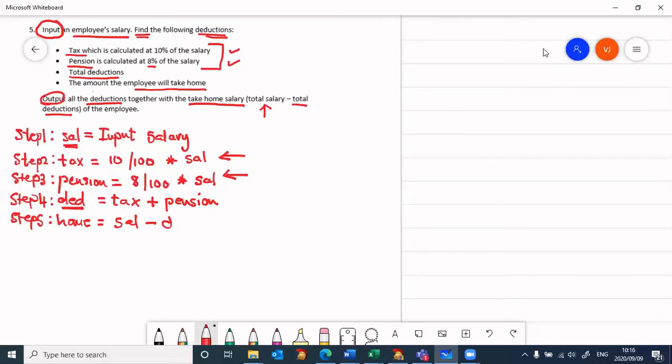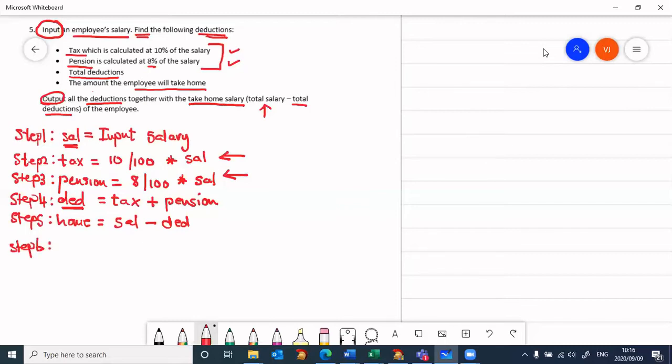So minus the placeholder called DED, which I used for my total deductions. That then gives me the take-home salary for the employee. Now it says output all the deductions. So I'm going to go to step 6.